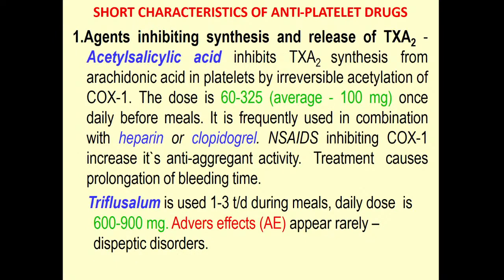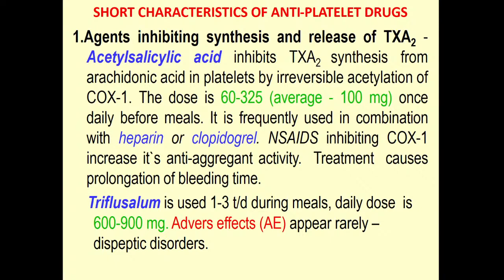A few words about the drugs. Agents inhibiting synthesis and release of thromboxane A2. Acetylsalicylic acid, or aspirin, is one of the most widespread anti-aggregants in the whole world. This agent inhibits thromboxane A2 synthesis from arachidonic acid within platelets, by irreversible acetylation of COX-1 cyclooxygenase.